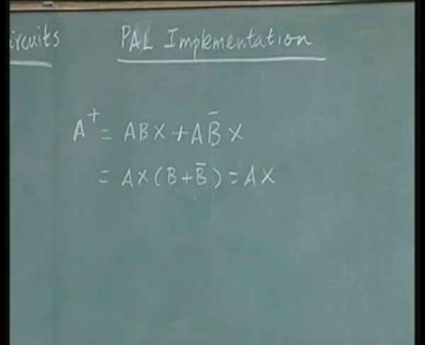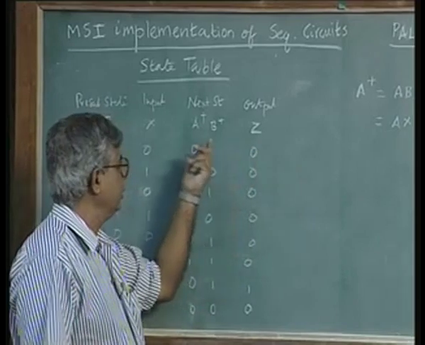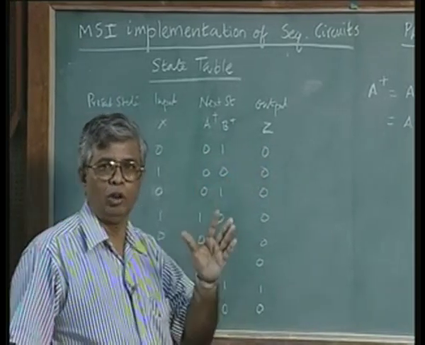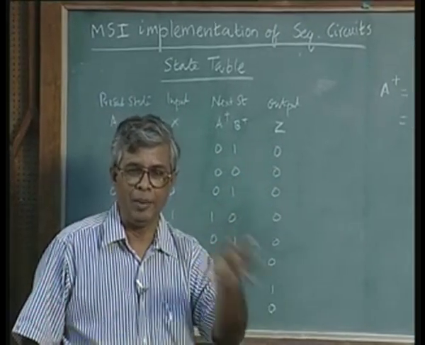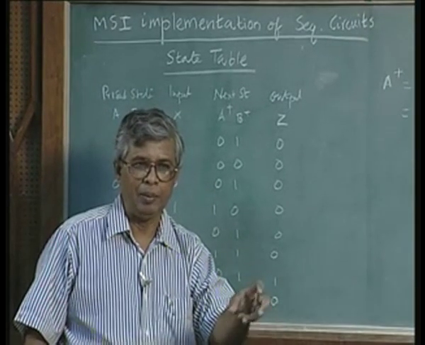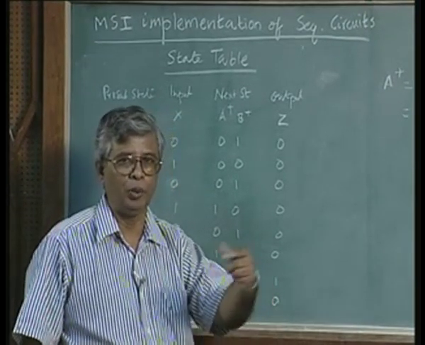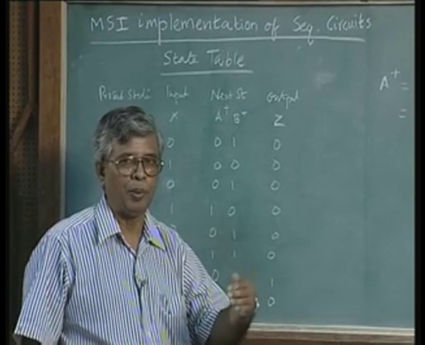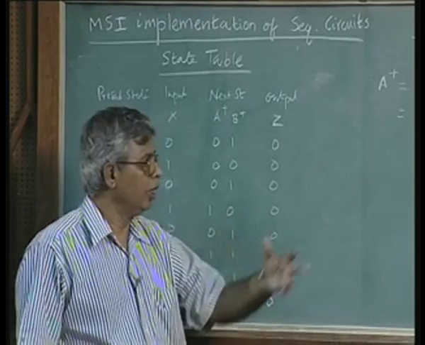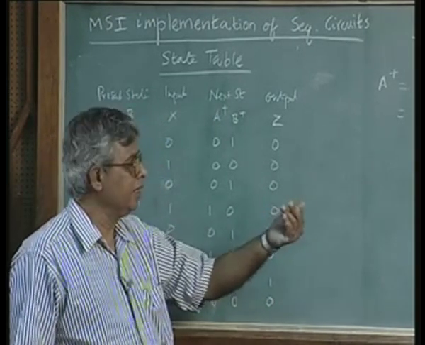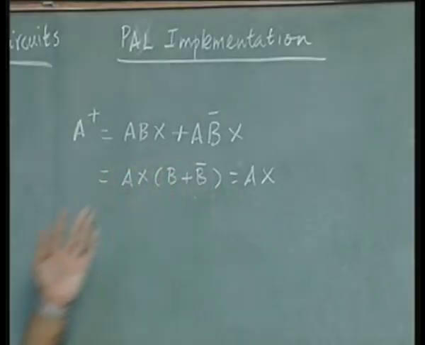So, if I can get this term AX in my programmable array logic, you know that a PAL has a combinational part where I can combine the inputs to form any output, and I also have a sequential part where I can store it in a register. So, in one of the combinational gates, if you can get AX, I can get A plus.